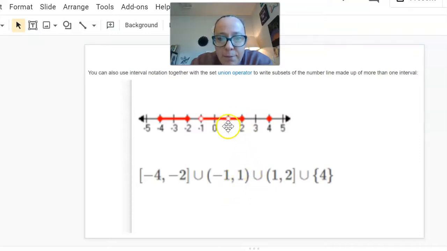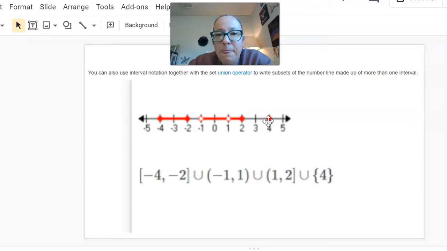And so we have to pick right back up at this 1 because that's not included. I know this is tomorrow's lesson, but that's not part of the domain, so we have to split it. So we'd have a union, and we'd have a parenthesis again at the 1. Then it spans to 2, so comma 2 with a bracket, because that's a closed circle. And then this is just a singular point. When that happens, there's no span, so you won't have a comma.